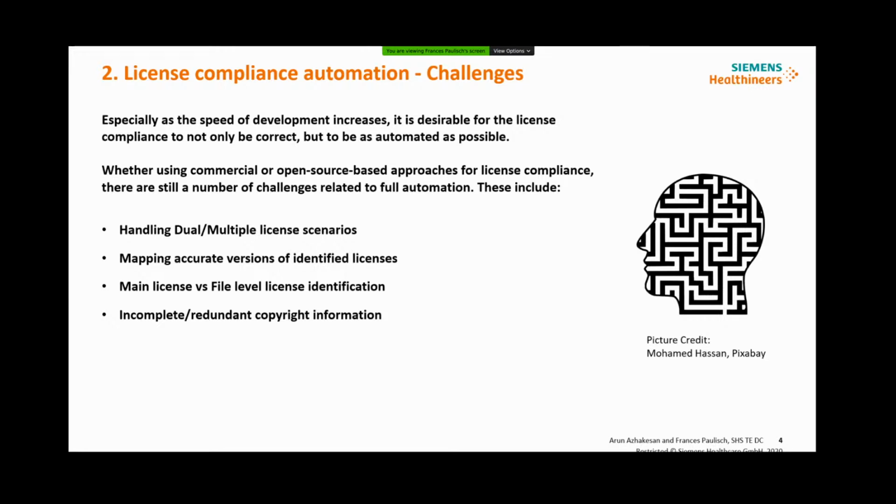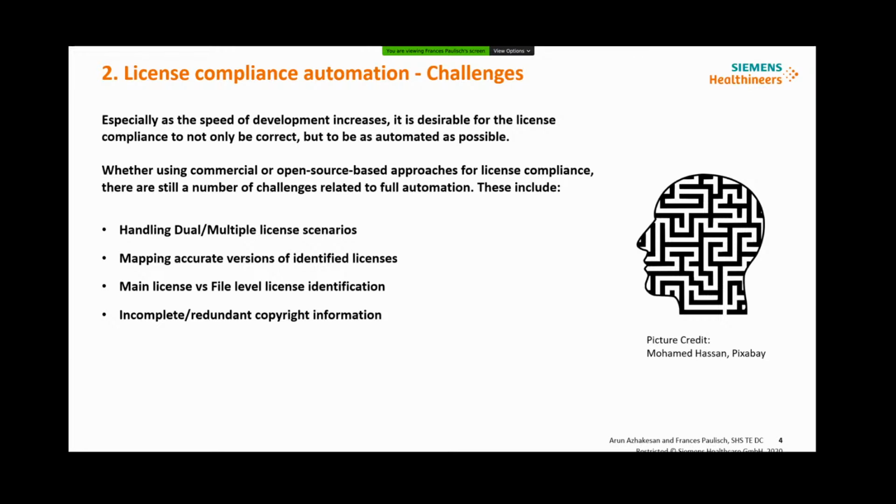So that's number one. And then within that, we have to try to do this in as automated a way as possible. And whether you're using commercial approaches or open source approaches for license compliance, in either case there are still a number of challenges related to full automation.